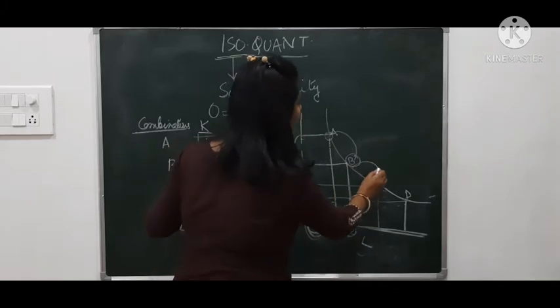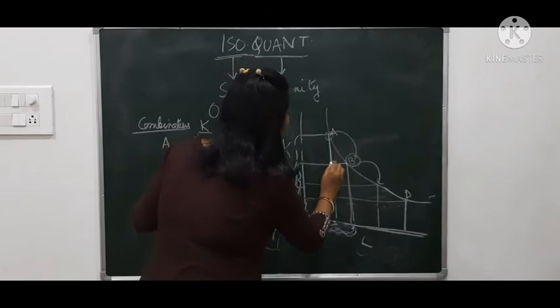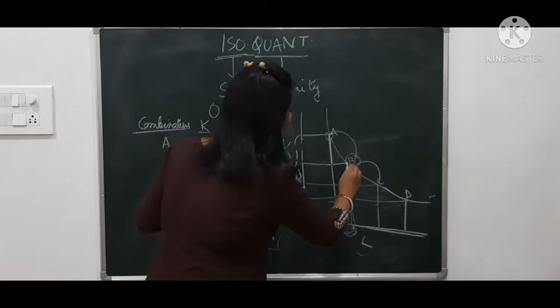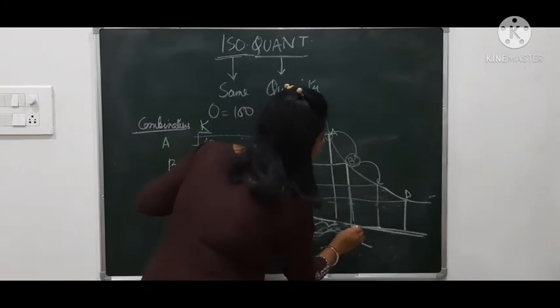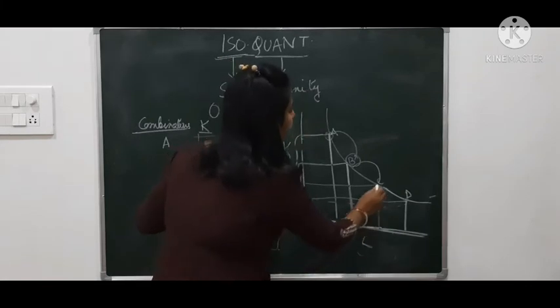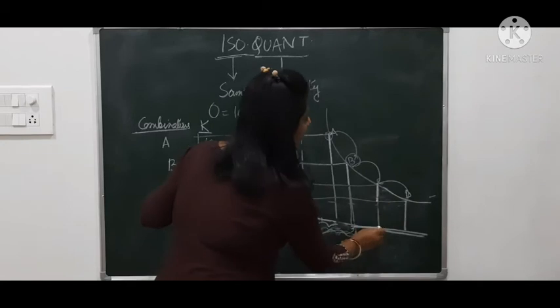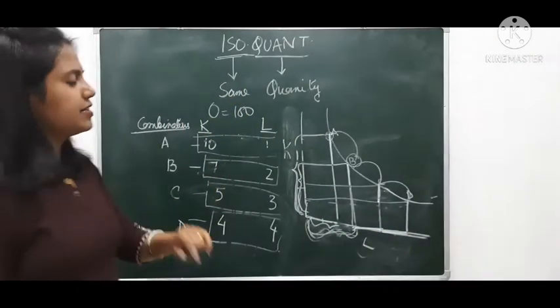Again from B to C you have reduced this much capital to increase this much labor. Again from C to D you have reduced this much capital and increased this much labor.